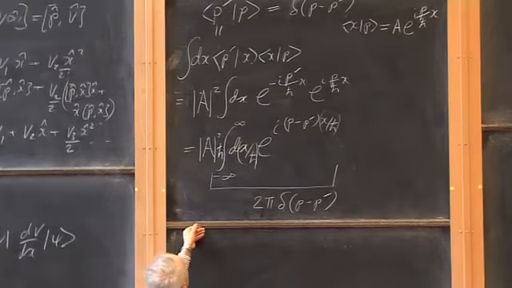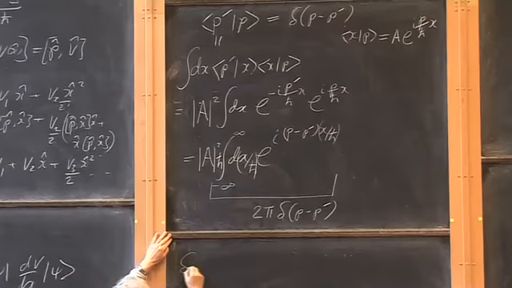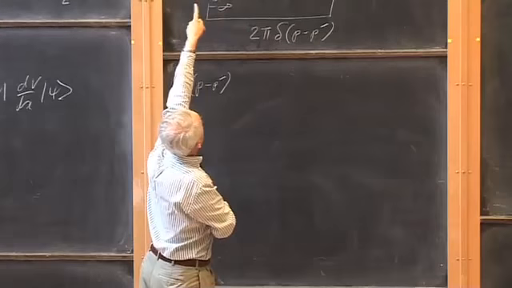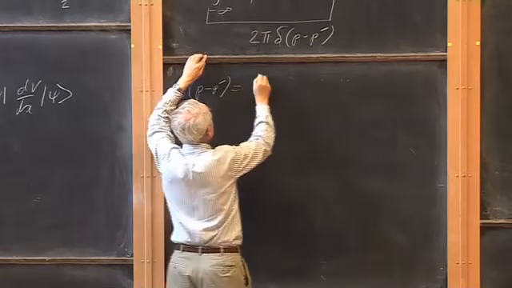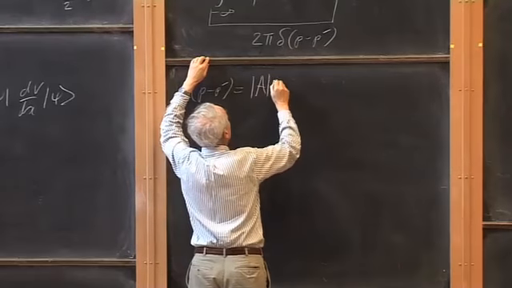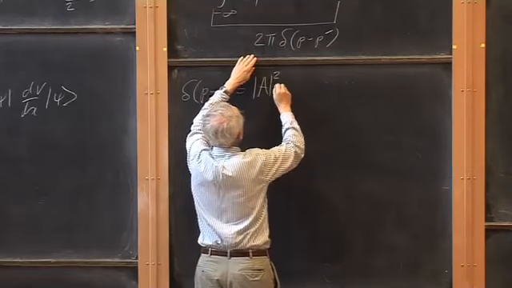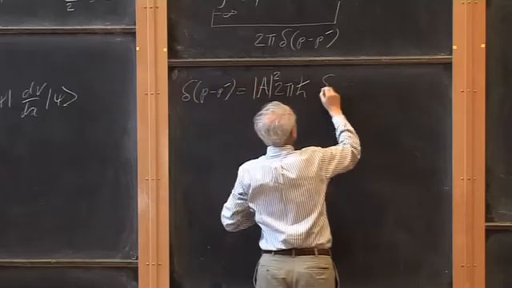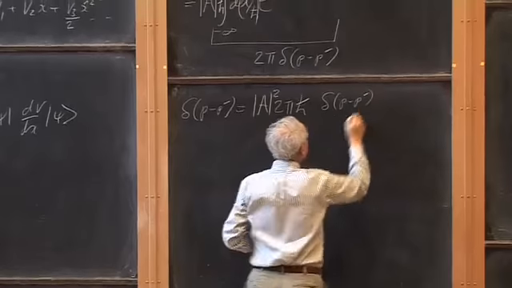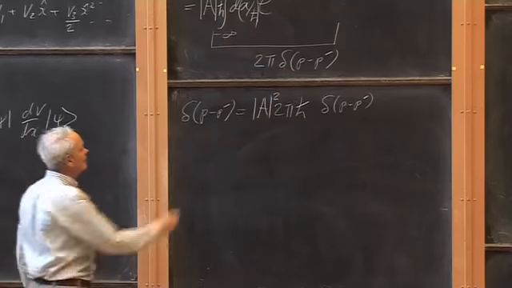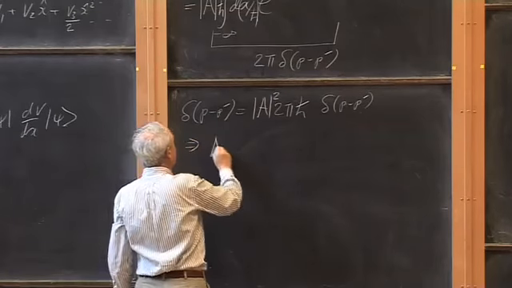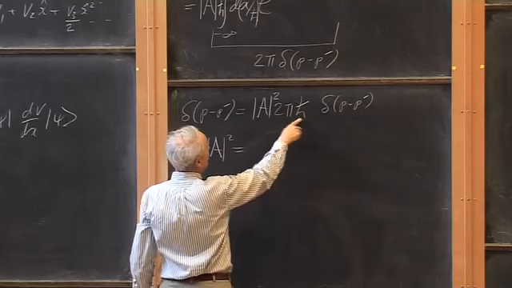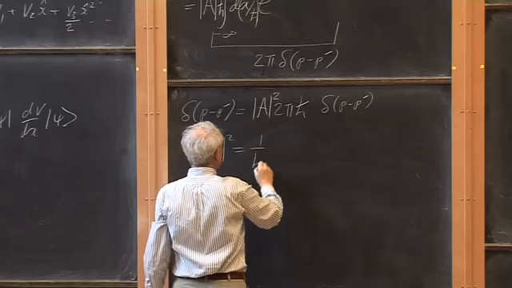So what we're concluding, going right back up to the top, is that original delta p minus p primed is equal through these integrals to mod a squared times 2 pi h bar delta p minus p primed. And that clearly tells us that a mod squared is equal to 1 over 2 pi h bar, which is just 1 over h.